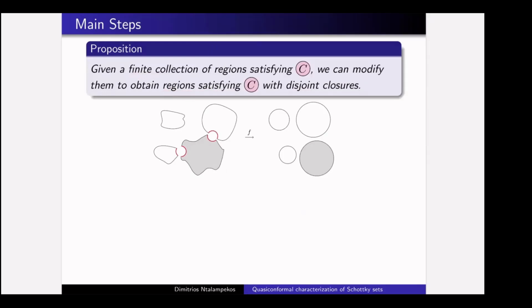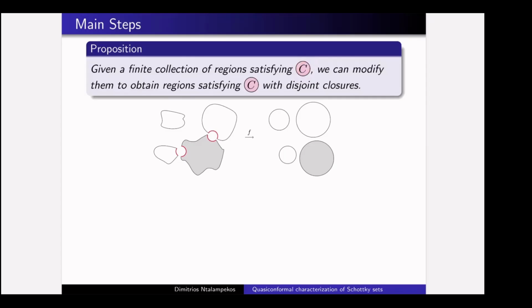We modify the regions in the places where they touch, and then we have disjoint closures. This is not easy, because it's not easy to keep condition C: one has to account simultaneously for all the regions. We cannot just work in pairs.